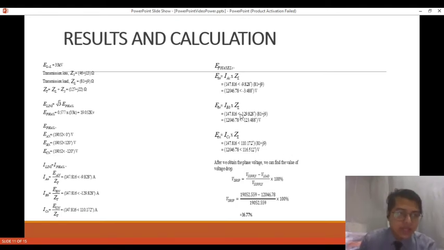And then we calculate the E line, E phase, and then we calculate the line current for I phase.